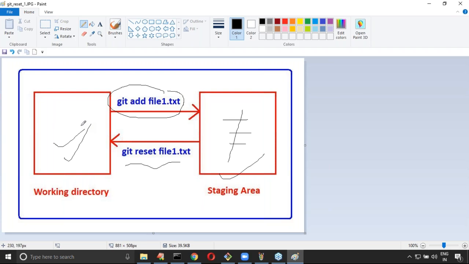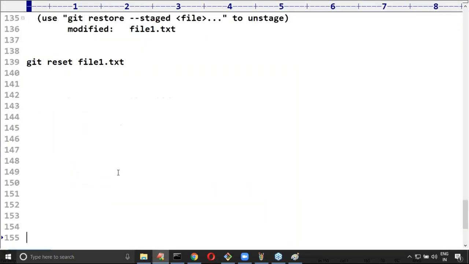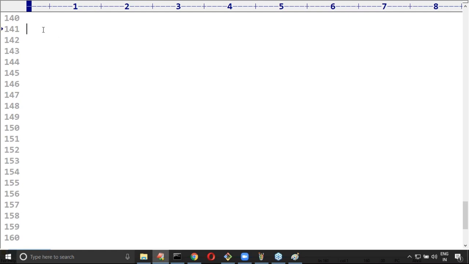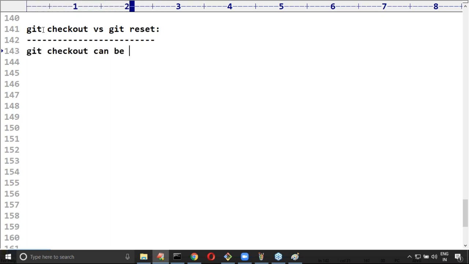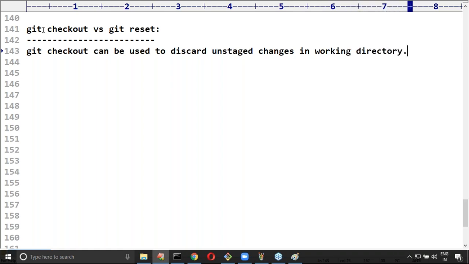There will be some doubts in your mind; don't get confused. Please listen carefully: git checkout versus git reset. Git checkout can be used to discard unstaged changes in the working directory.